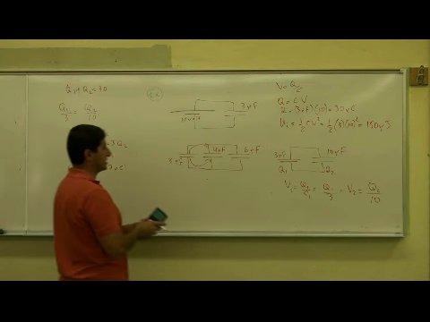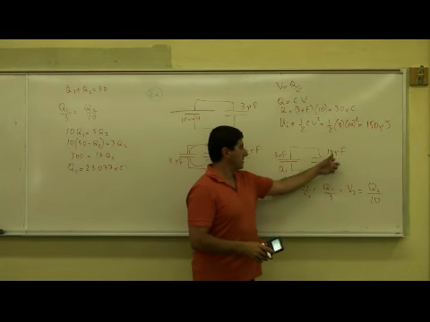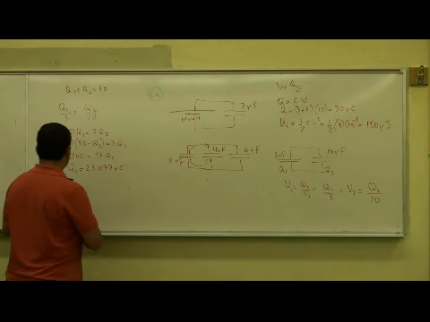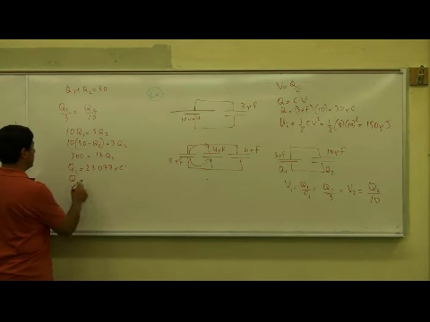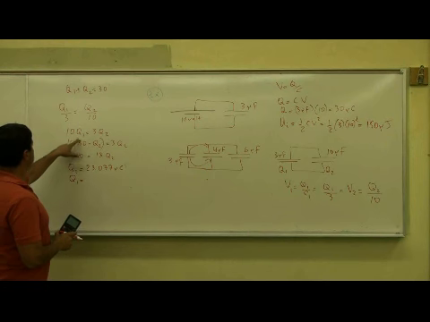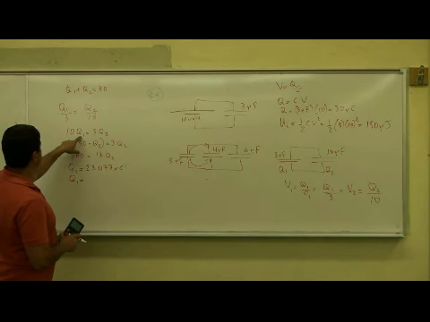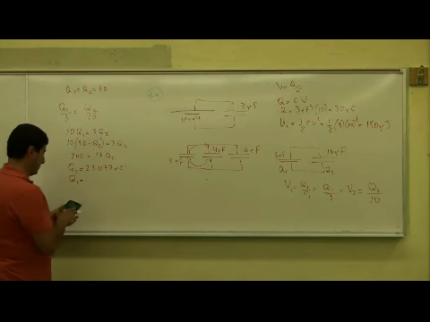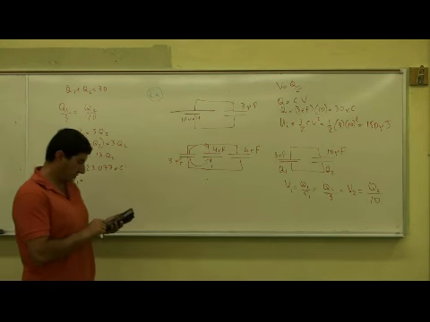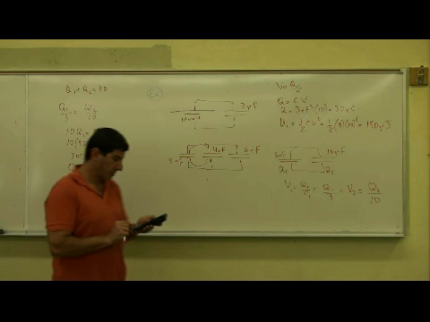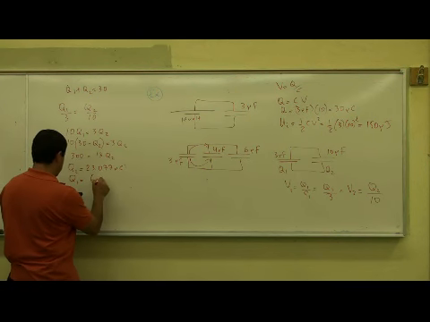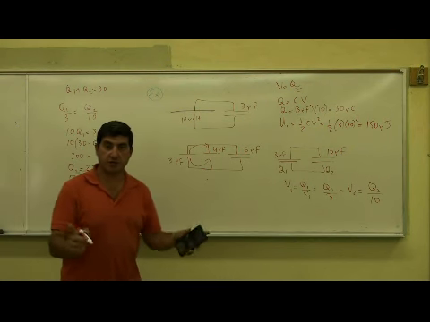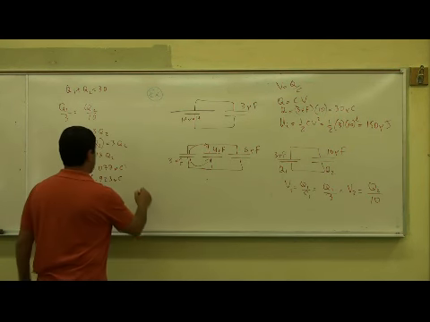microcoulombs. So the charge of this one here is 23.077 microcoulombs. The charge of Q1 is equal to 3/10 of that. Or you could say it's equal to 30 minus that. So 30 minus that, it's going to be 6.923 microcoulombs. So now let's solve for the voltage across each, which should be equal.